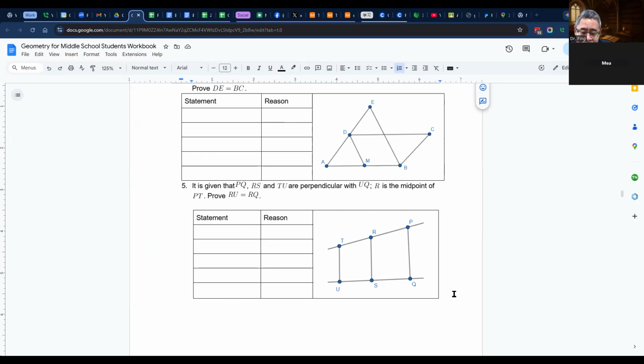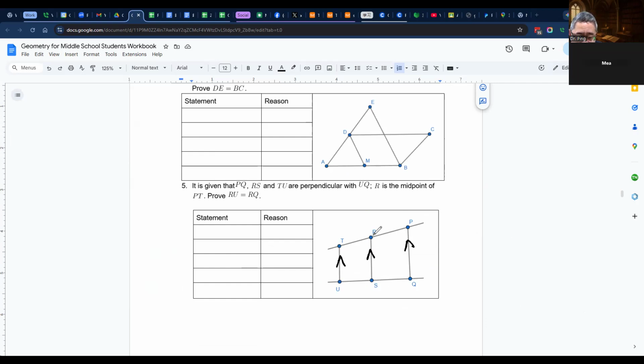Okay, let's do number 5. Number 5 says that it's given that PQ and RS and TU are perpendicular with UQ. So PQ, where's PQ? PQ is here, and RS is parallel to TQ.